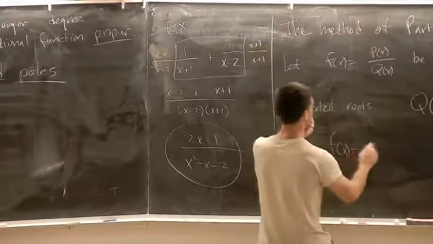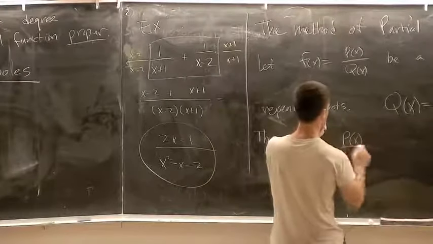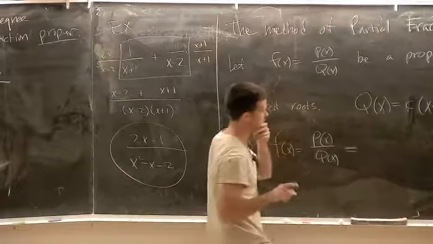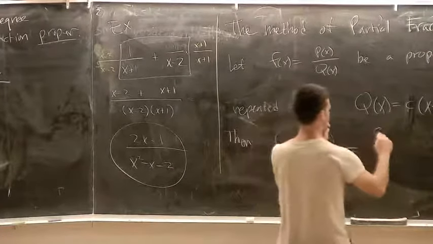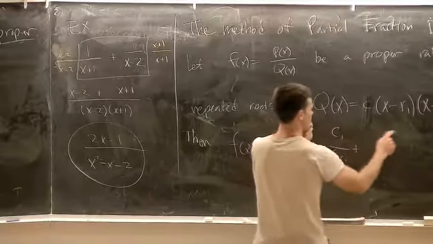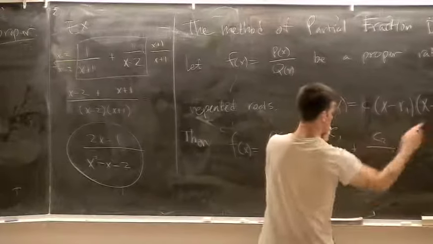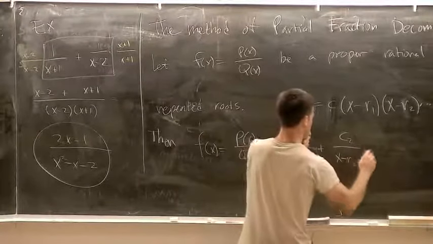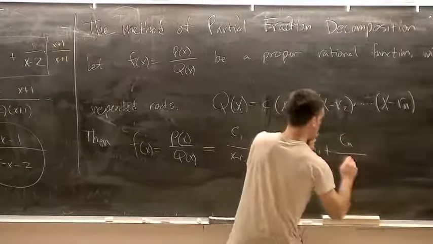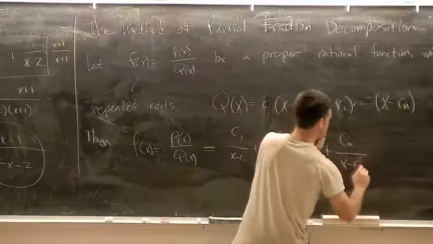f of x, which is p of x over q of x, can be written as some number over the first root plus some other number over the second root and plus some other number over the third one.